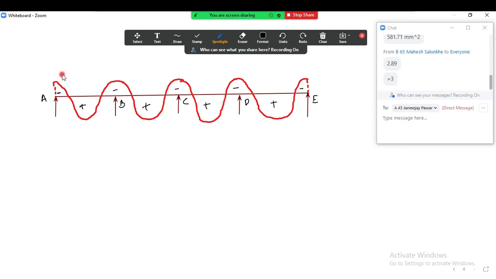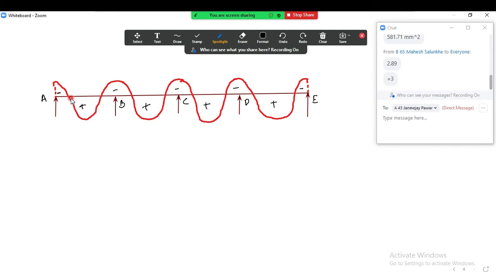So the bending moment at point A is at the end of the end span. Now here positive bending moment is there in the end spans, that is span AB and span DE. These two are the end spans.